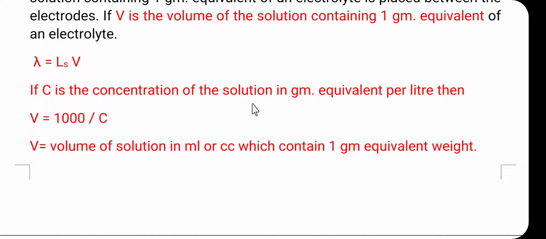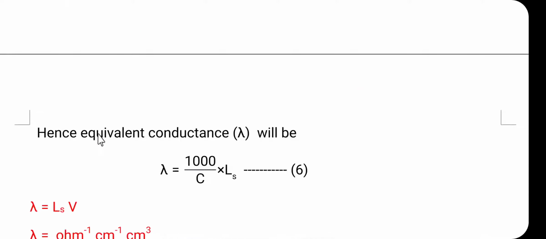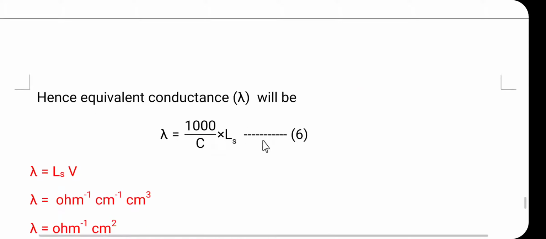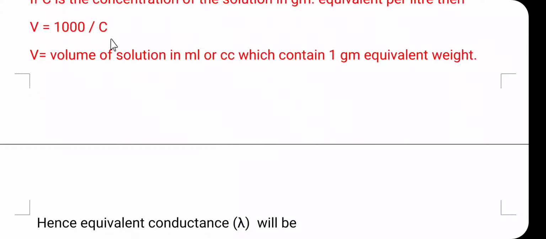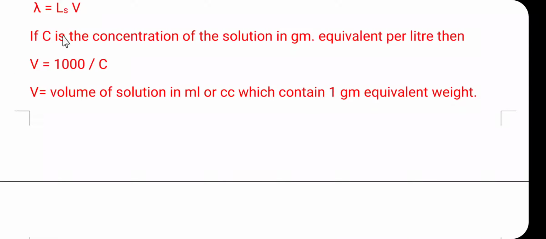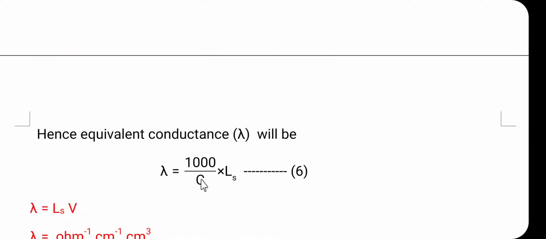If C is the concentration of the solution in gram equivalent per liter, then we can write V is equal to 1000 divided by C. Hence the equivalence conductance lambda is equal to 1000 divided by C into Ls, because V is equal to 1000 divided by C and lambda is equal to Ls into V. Just substituting the value of V, the equation becomes lambda equal to 1000 divided by C multiplied by Ls.